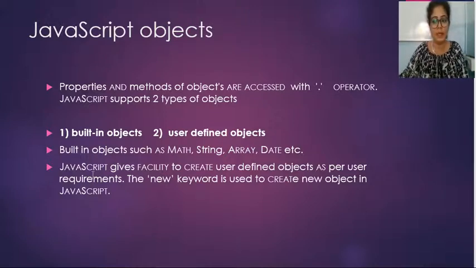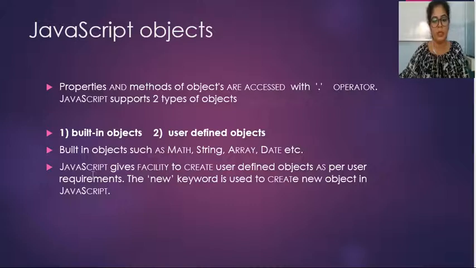They are ready-made objects. We just have to use them. We just have to write the name of the object and it will perform its own task. So built-in objects are Math, String, Array, Date, etc.